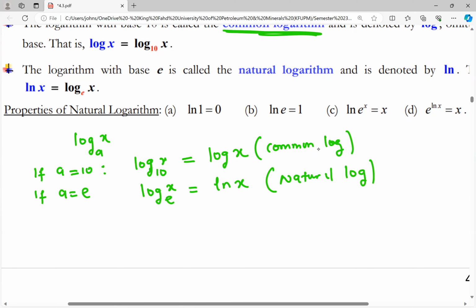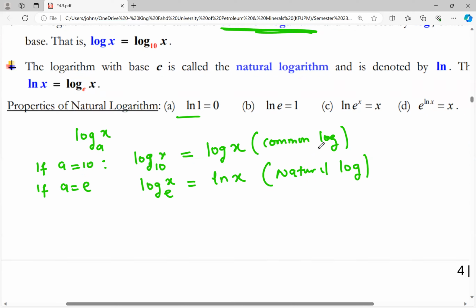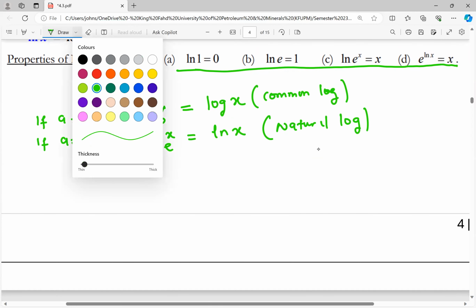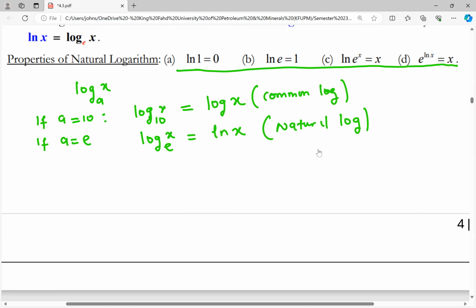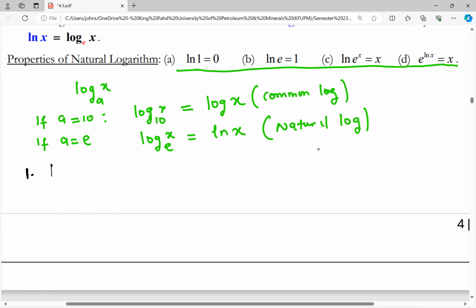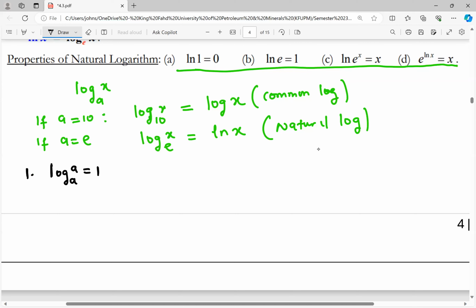Look at properties a to d. I will just quickly highlight these properties here. It's already getting longer, but let's finish this up. Remember, one of the properties we saw is that log to base a of a is equal to 1.